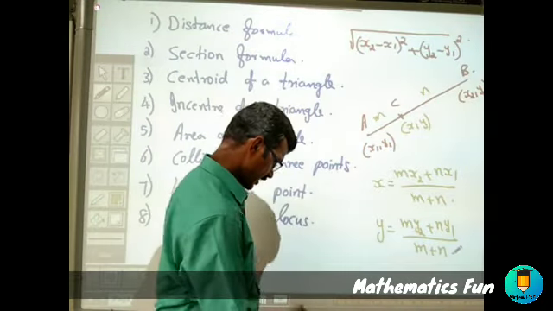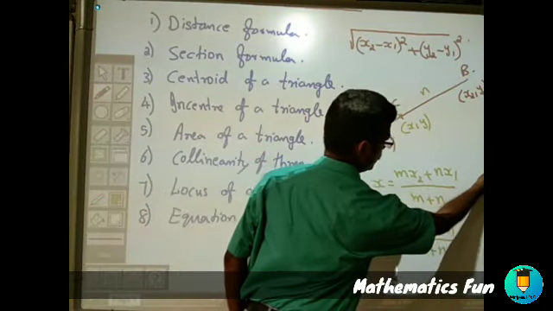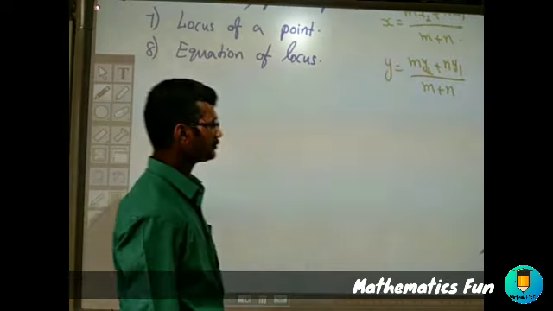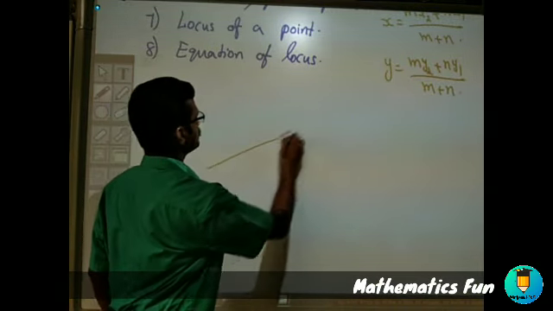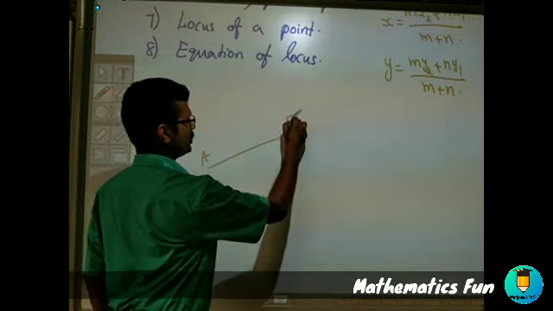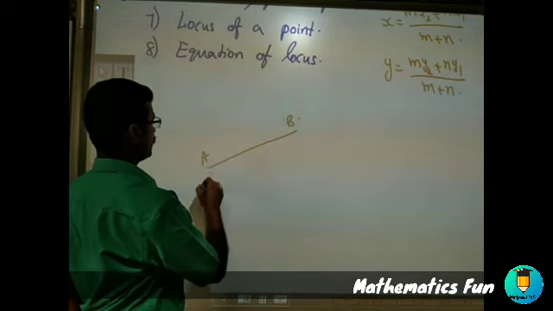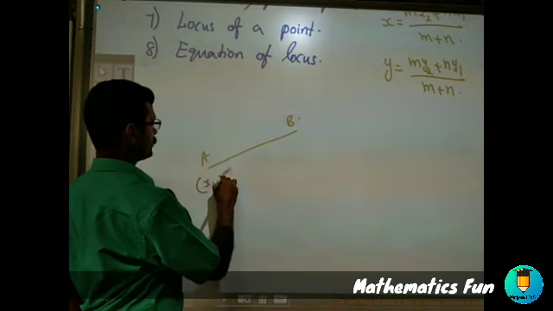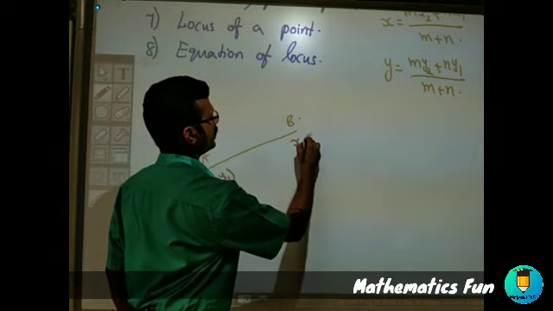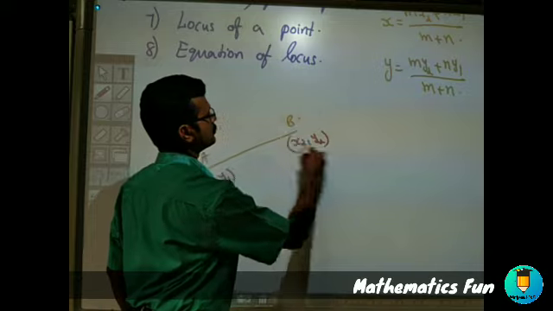And the next case is external division. What is external division? See, the situation is like this. Let A and B be 2 points on the line, where A is (x1, y1) and B is (x2, y2).